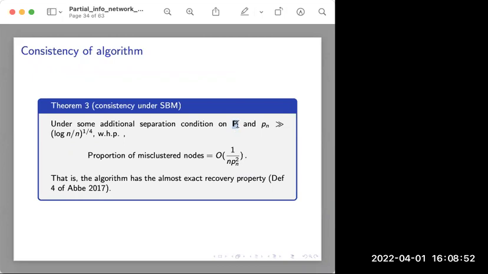So basically, I need the different terms in P to be separated by order root of ρ_n, and that would be enough. And I need a lower bound on the density ρ_n. Then, with high probability, we can show the proportion of misclustered nodes coming from this algorithm has this error rate, and this rate goes to 0 given this lower bound on ρ_n. So our algorithm is weakly consistent, or, as some people call it, it has an almost exact recovery property.